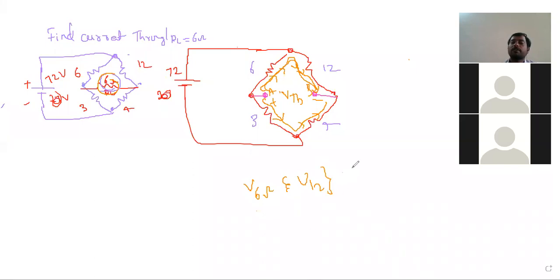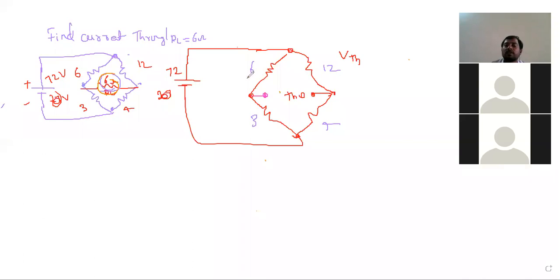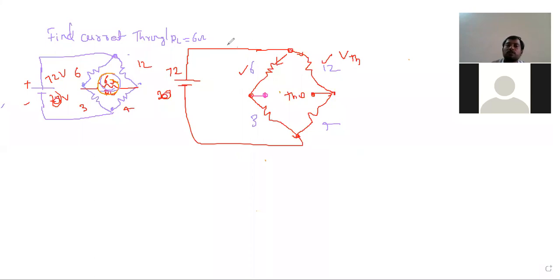If you want to find the voltage across the 6 ohm and 12 ohm, we should know the current through them. To find the current through these two, we should find the total current. Then only we can find the current through this branch and this branch.